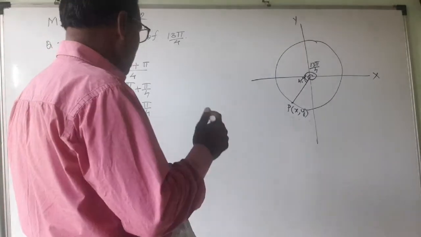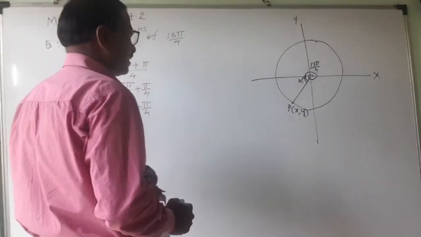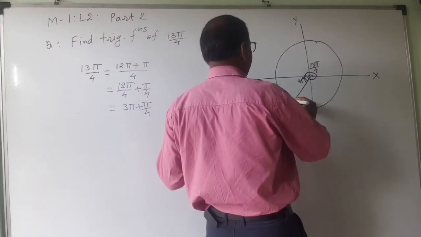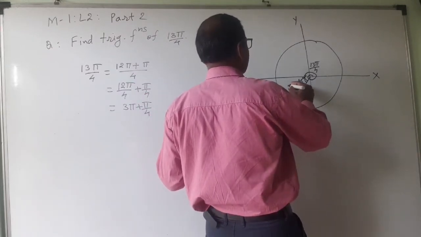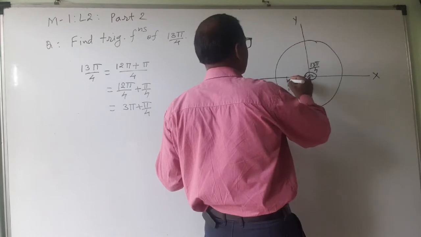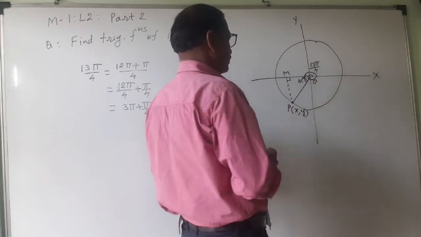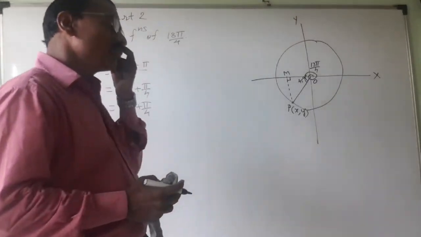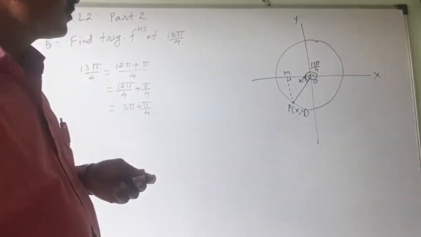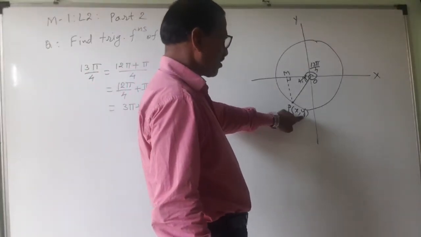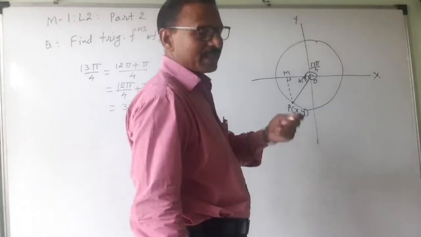I have told you in the first lecture that I have to draw the perpendicular always on the x-axis. This is M. This is O, the origin. What I have to do, I have to find the x and y coordinates. Sine means y coordinate and cos means x coordinate, that we know.